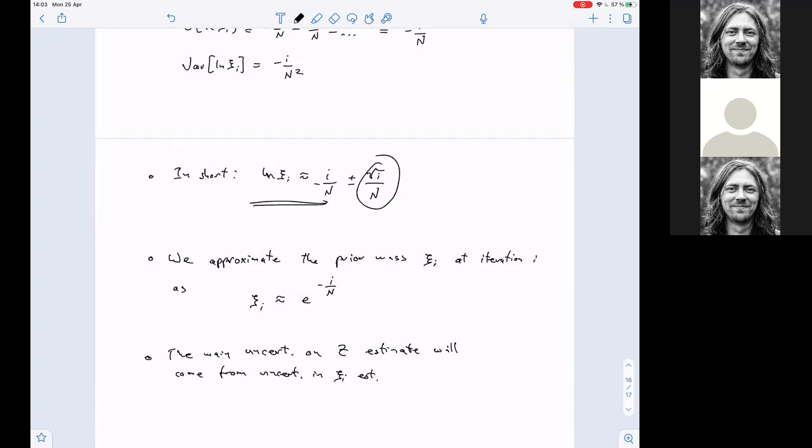So this statistical uncertainty here will be the main source of uncertainty in the evidence estimates. Of course, that's assuming that you have sampled sufficiently densely that you have found all the regions of high likelihood. If, like we discussed, you actually missed some region of high likelihood, then your uncertainty estimate will not encapsulate that. You will just be off.